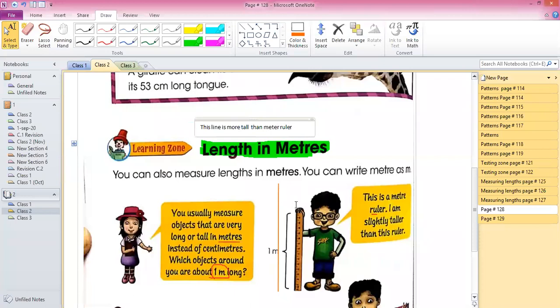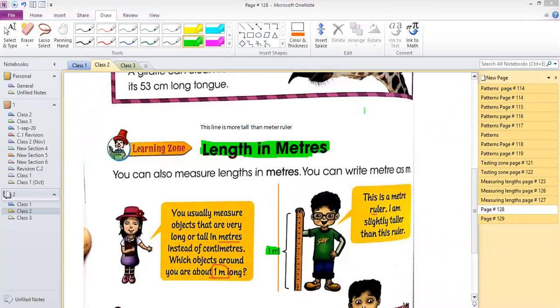The whole meter ruler is equal to 1 meter. You can look here. This whole meter ruler is equal to 1 meter. So if you want to measure it in length, you can say, sir, this line is more tall than 1 meter.